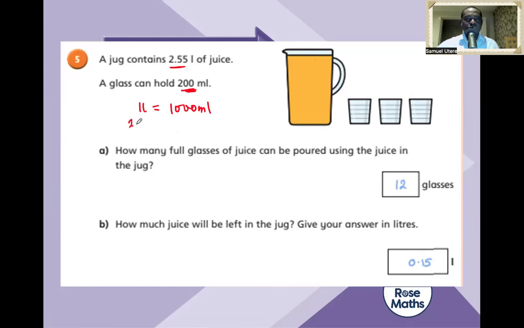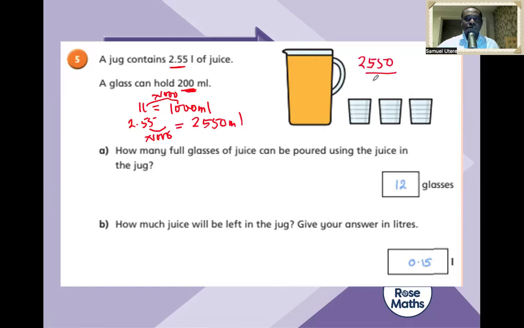So 2.55, to get from here to here, we'll multiply by 1000. So when we times by 1000, this will be 2550 milliliter.